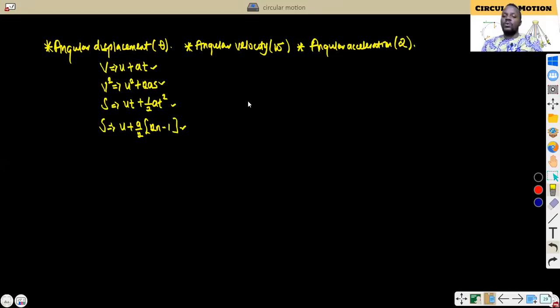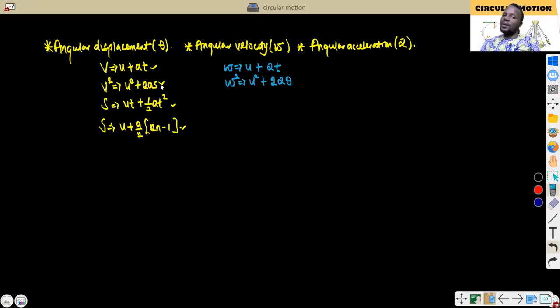Now, with respect to what we have here, my dear students, you can substitute the same formulas. That is the next part. Here, what is our speed now? It is now omega. Omega equals u plus, what is a? Alpha t. I hope students can complete this. Then you have omega squared equals u squared plus 2 alpha theta.